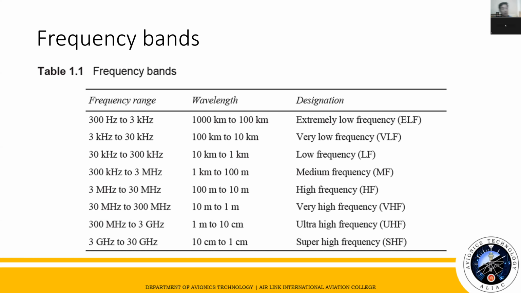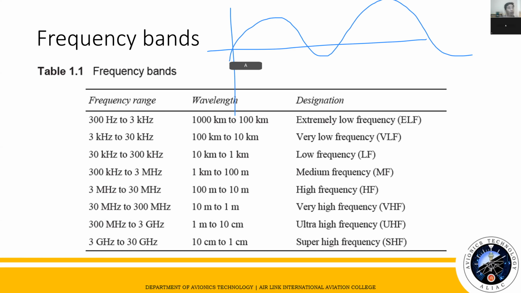Okay, when we talk about the wavelength, yung wavelength. So when it comes to the frequency range ng 3 gigahertz to 30 gigahertz, the wavelength is 10 cm to 1 cm. Okay, that is a super high frequency.